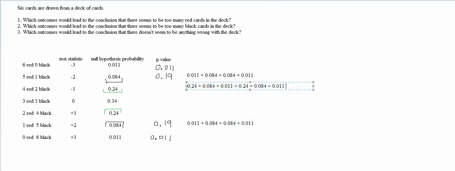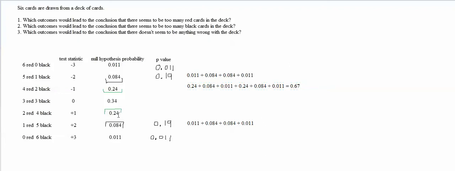And all of this equals 0.66. Should come out to about 0.66. Or maybe if you round, it might be 0.67.